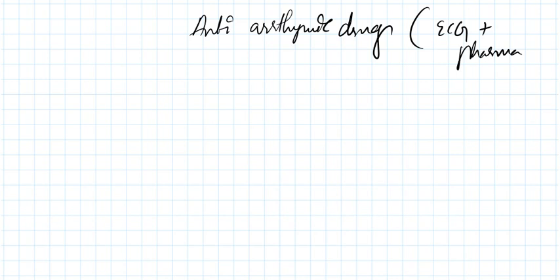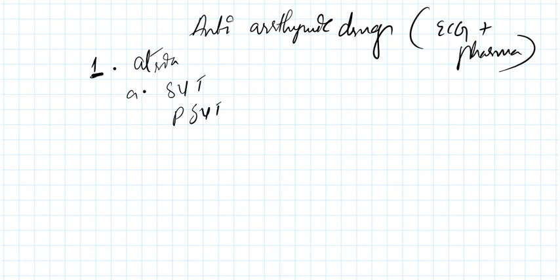You have atrial arrhythmias that arise from the atria, and arrhythmias that arise from the ventricles. Now we will discuss arrhythmias arising from the atria. What are those? Supraventricular tachycardia, paroxysmal supraventricular tachycardia, atrial fibrillation, atrial flutter.